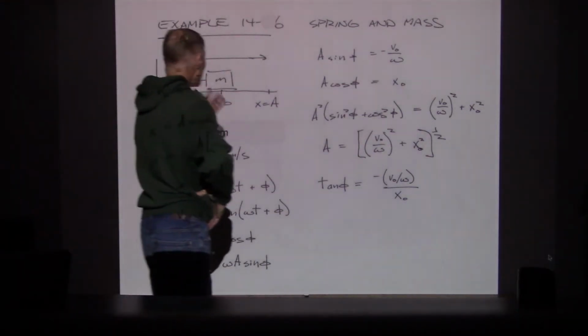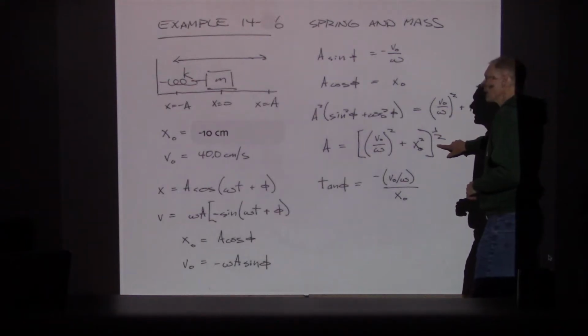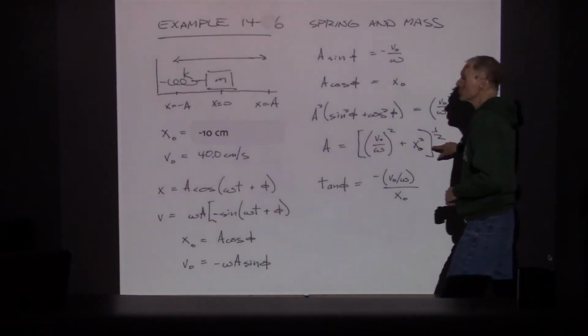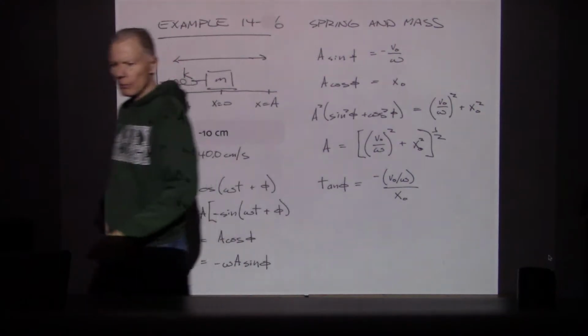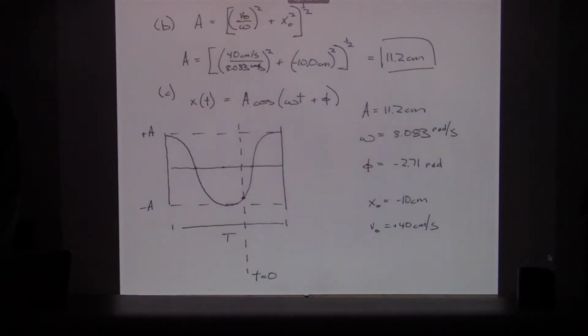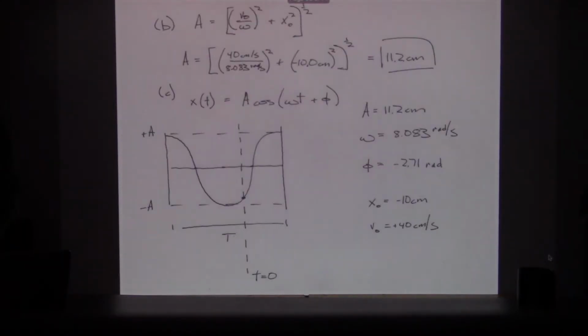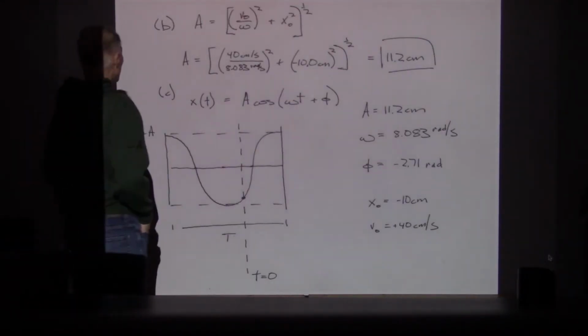It's got to be more than 10 centimeters, so make sure when you calculate this, it's coming out as something larger than 10 centimeters. Let me look real quickly and see if I can find that other set of notes. There it is. It just got shifted by 1. So these are a little bit out of order. I'll get that corrected. All right, it did slip into the wrong location.